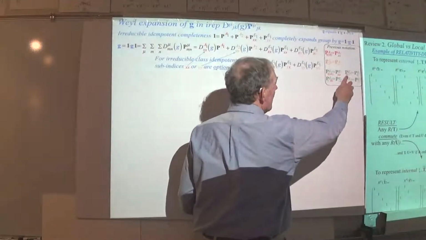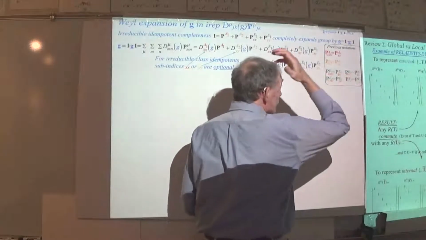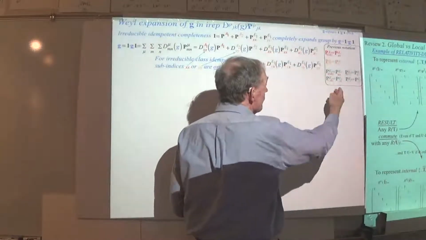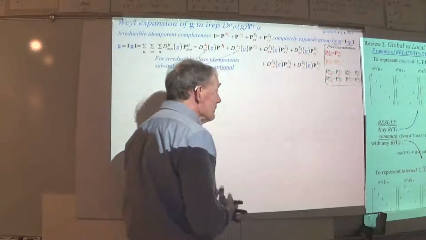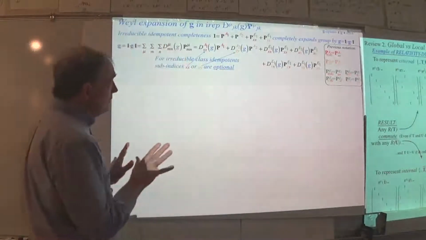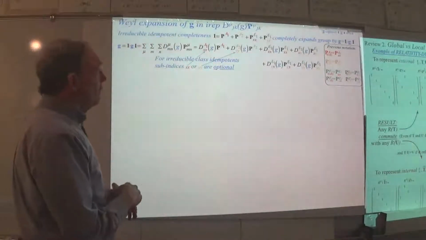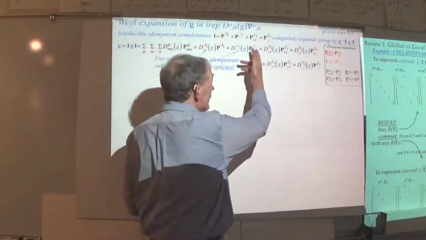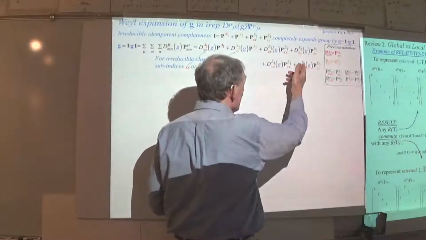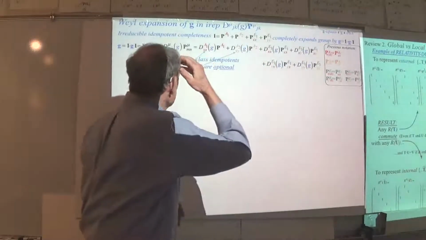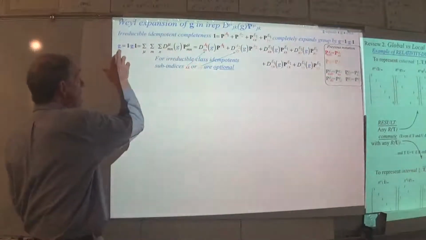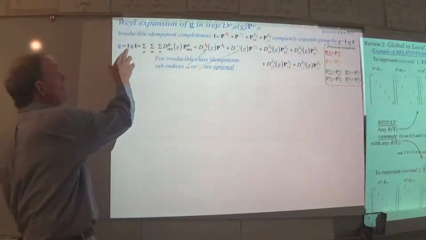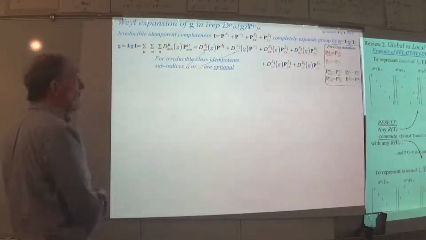And then 0 mod 2, 1 mod 2, I'm going to write that XY, and so forth. So from now on, I'm pretty much going to use that because we're done with the algebra that did the splitting. So now it's just a matter of dealing with these six things here, these six terms. These are the things we got by doing G equals 1 times G times 1 trick.